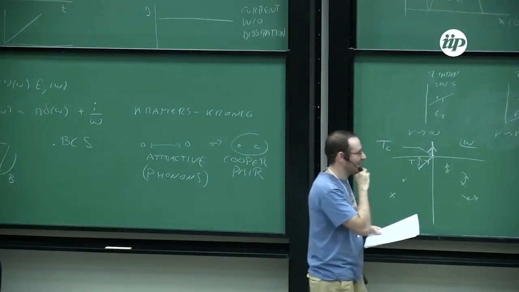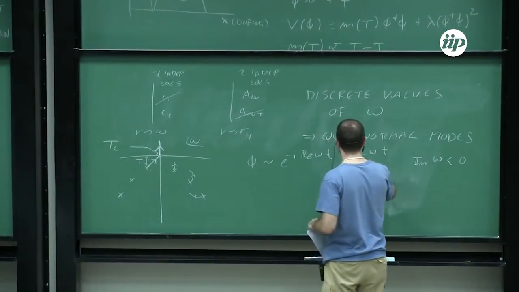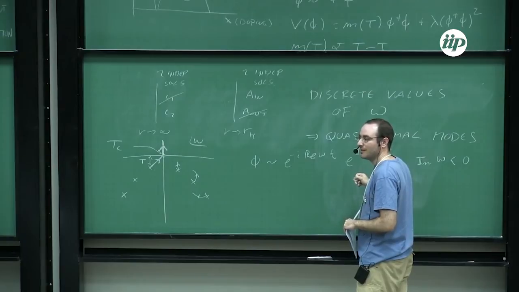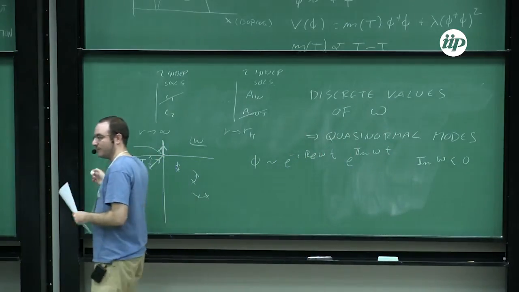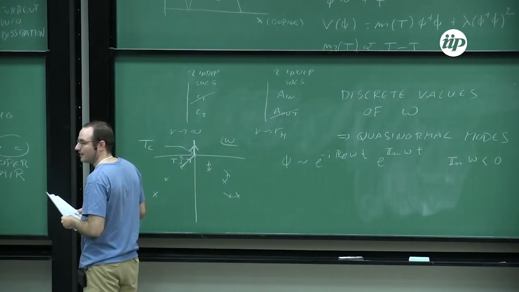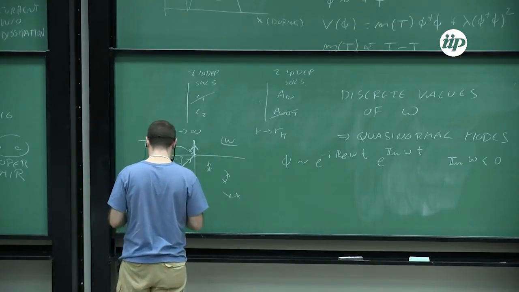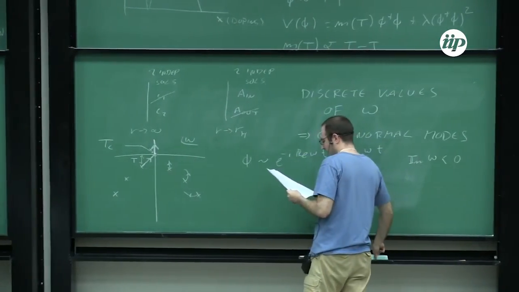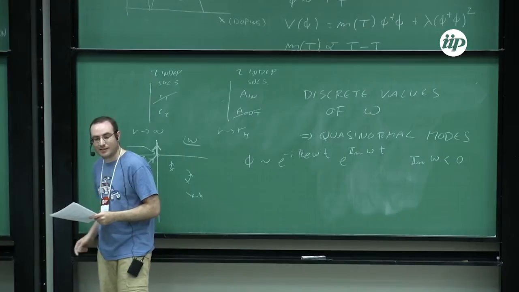Yes, right. This mode, the unstable mode, will be finite in the Euclidean. The ingoing mode, but the unstable one will be finite in the Euclidean.